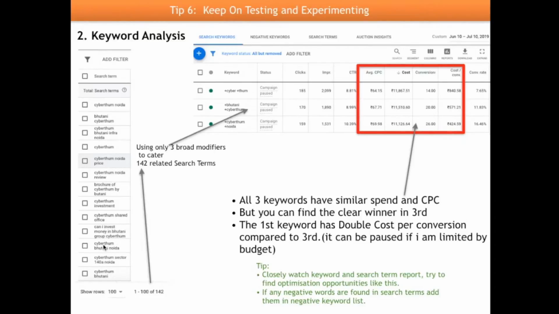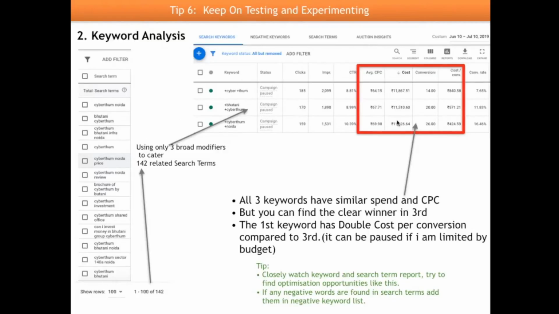I'm just giving it as a pure example. I have nothing to do with this company in person. This is just a campaign analysis I'm doing for you. So these are the different queries that were catered by these 3 broad match modifiers.